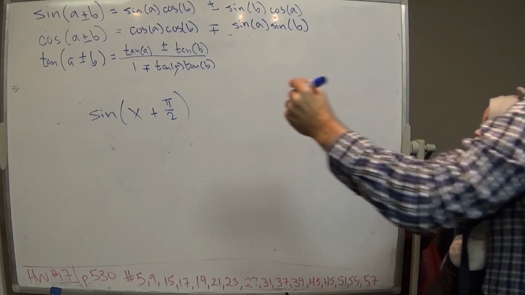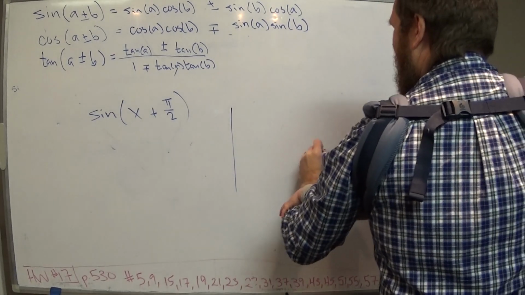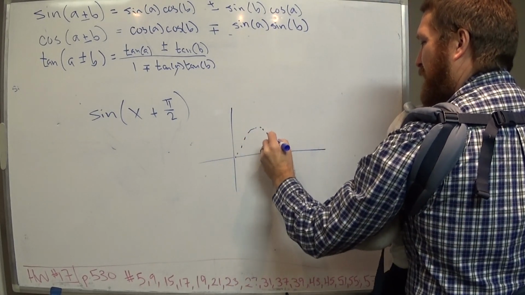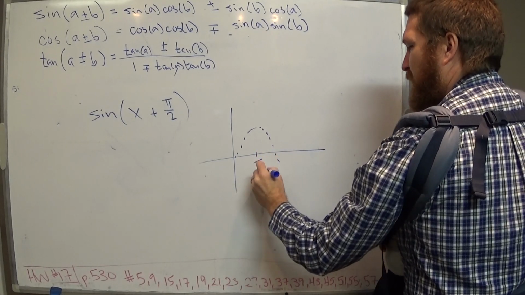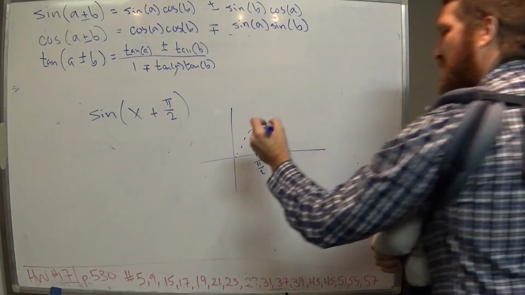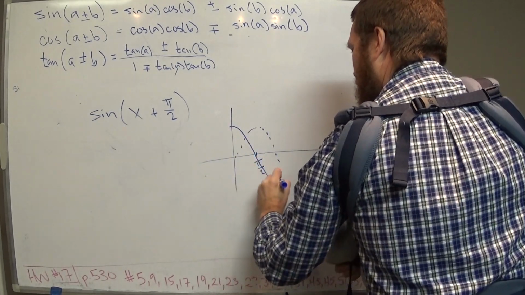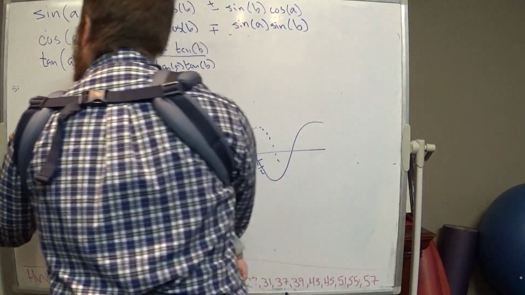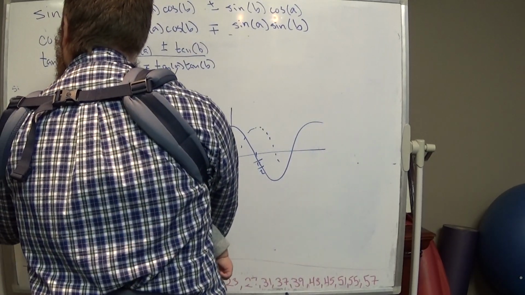Shifted to the left by pi over 2. Which makes it look like what? Cosine. Because if sine has a peak right there at pi over 2, and we shift it left by that much, then that peak ends up right here, comes down here, and so it should be the case that this thing should just be cosine x.